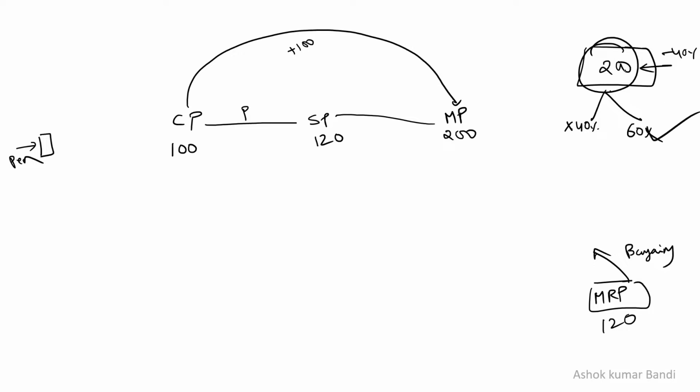For example, what is 60% of 200? Only 120. That means you are going to reduce that 40% discount and you are going to pay the remaining 120 rupees.